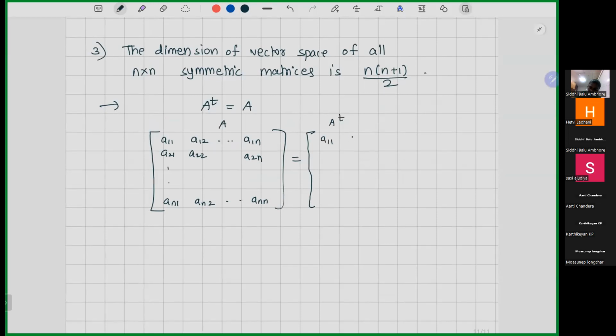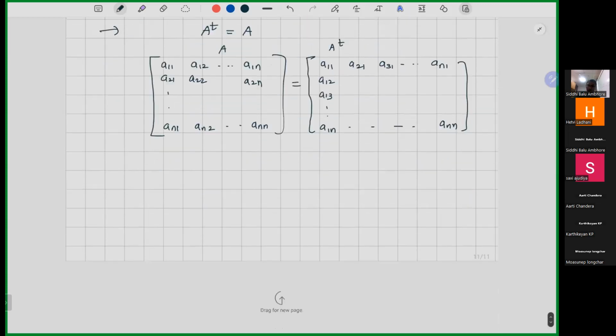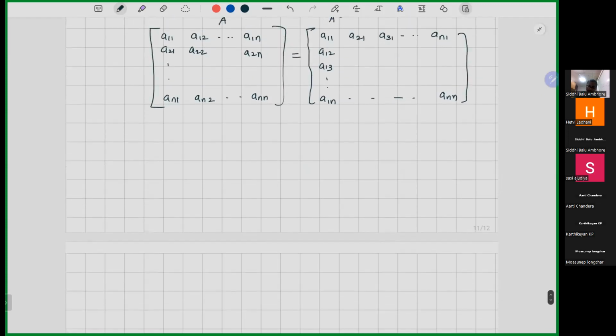So this is again A11, A21, A31 and AN1, and now it will be A12, A13, A1n, and so on, and here ANN. Okay, so whatever is in the diagonal remains the same, right?